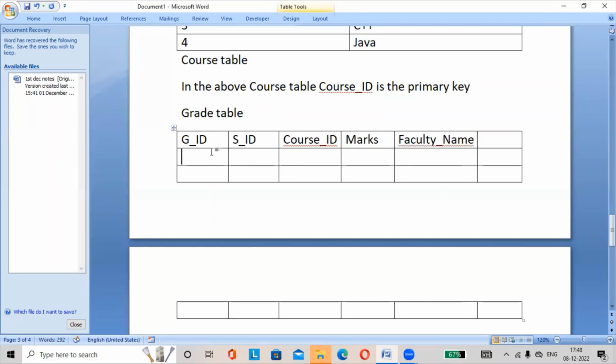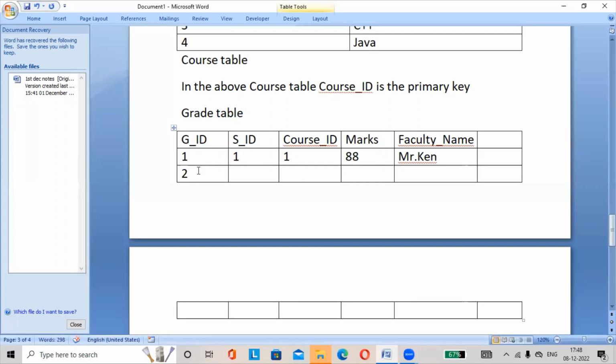Okay, see here. Grade ID is 1. Student ID is 1. Course ID is also 1. The student got 88 marks. Faculty name is Mr. Ken. Here grade ID is 2.